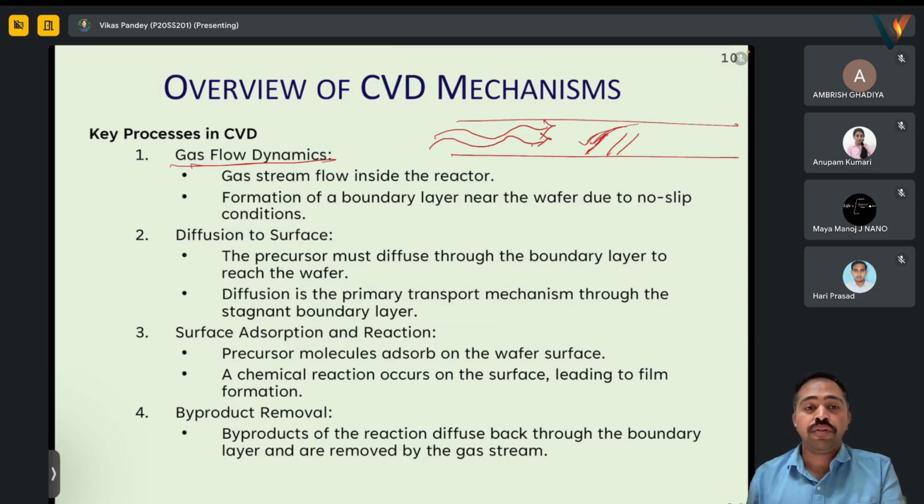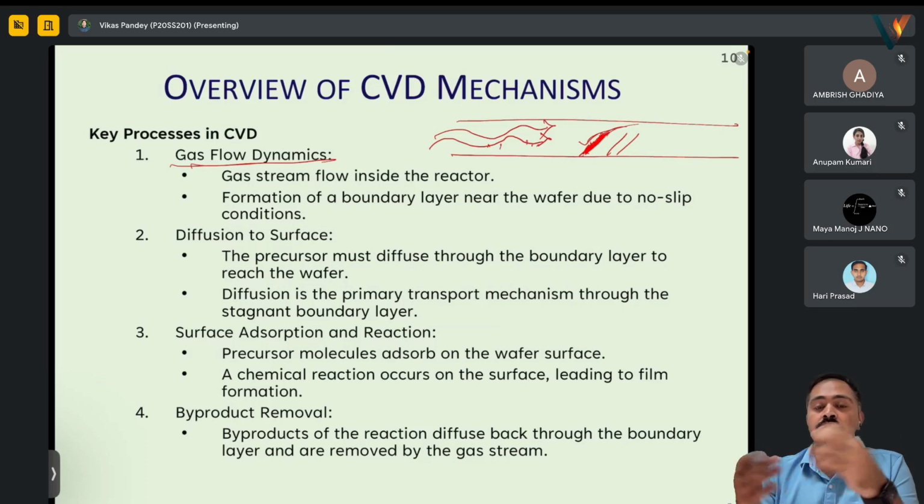Second is diffusion to the surface. The precursor that is being carried by this gas, or the gas itself can be a precursor, must diffuse through the boundary layer to reach the wafer. That is, at the interface, some deposition is taking place, and that diffusion, after the deposition, like we saw in case of silicon dioxide growth, there will be diffusion of the materials towards the boundary where the deposition will take place.